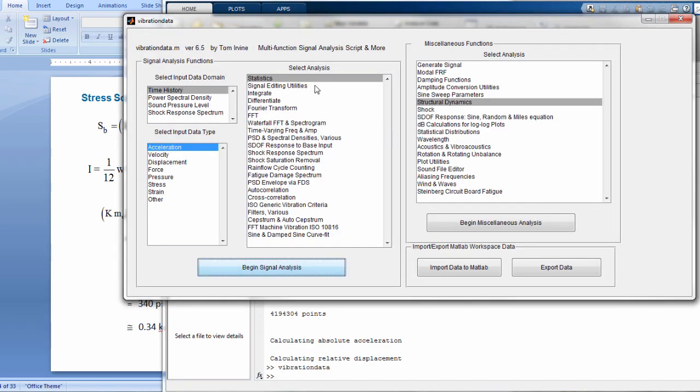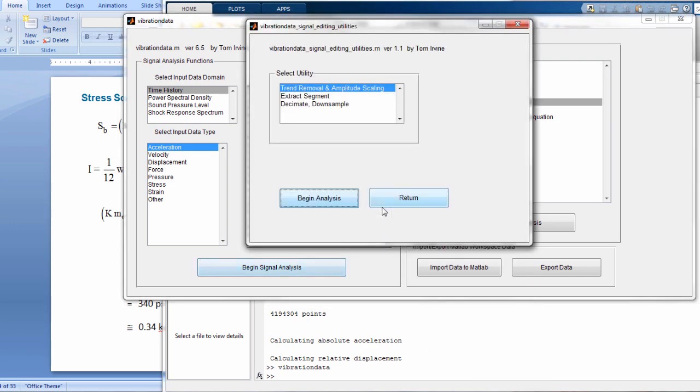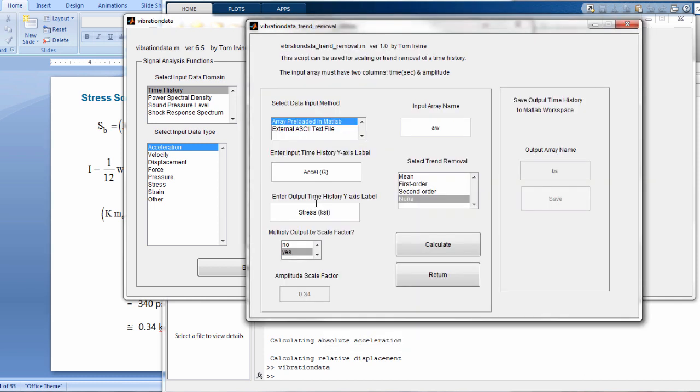So let's go to vibration data, and let's go to signal editing utilities. Let's click on that, and we're going to do trend removal and amplitude scaling. Our file here for our response acceleration is accel_RESP. So we have acceleration in G and stress in KSI.